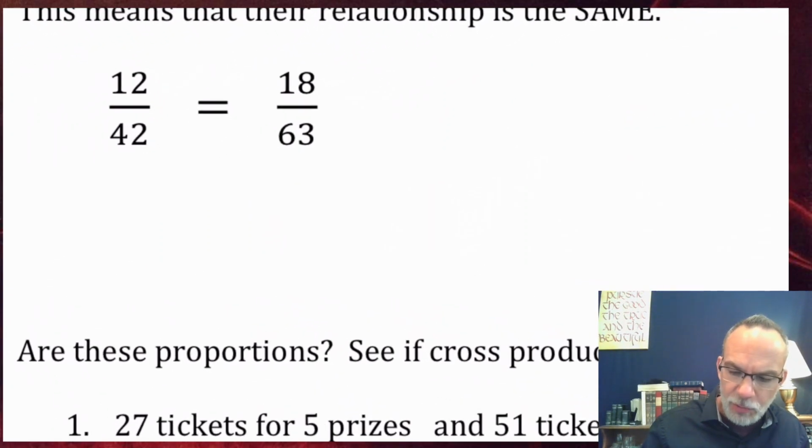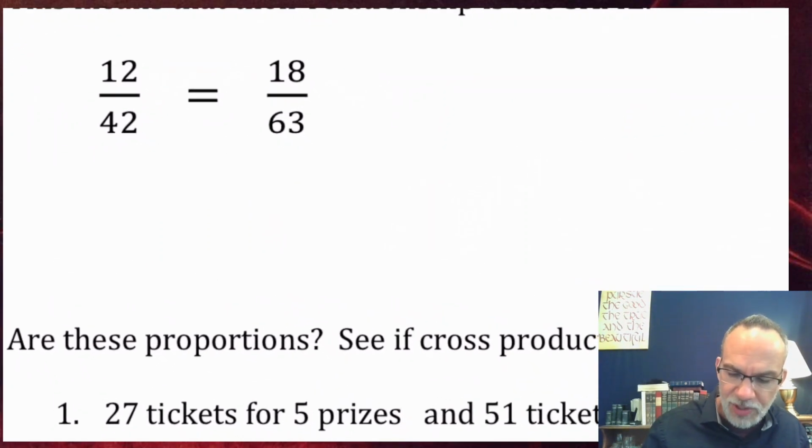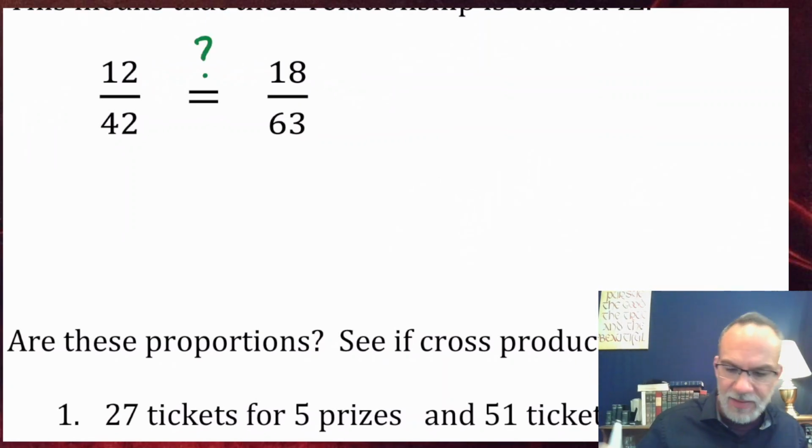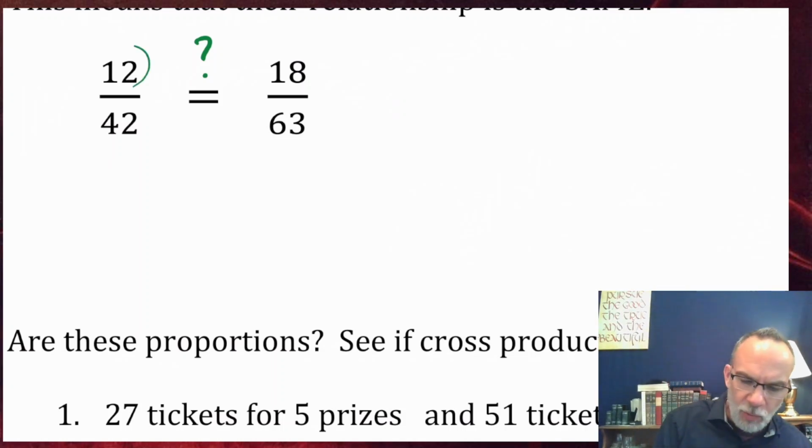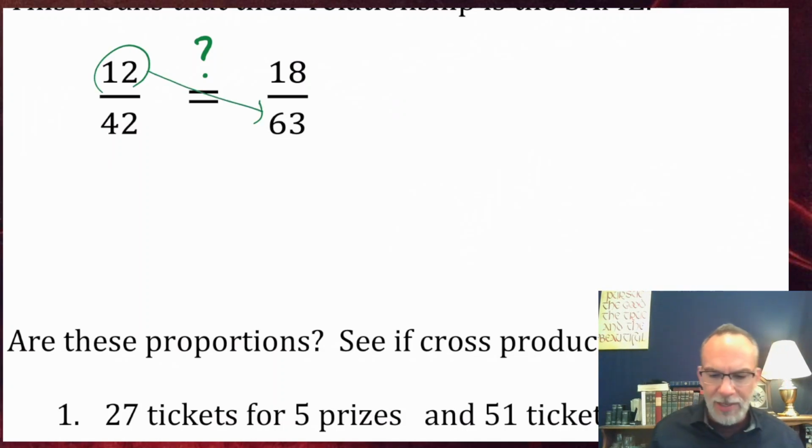One of the things that's true about proportions, if they're true, and I'm kind of asking that here, the cross products have to be equal. What does that mean? That means if I take the numerator on the one side and I multiply it diagonally to the denominator on the other side, I get something. What's 12 times 63? That's 756.